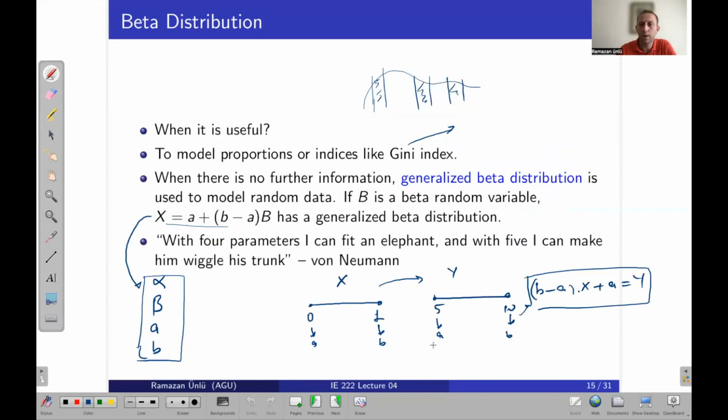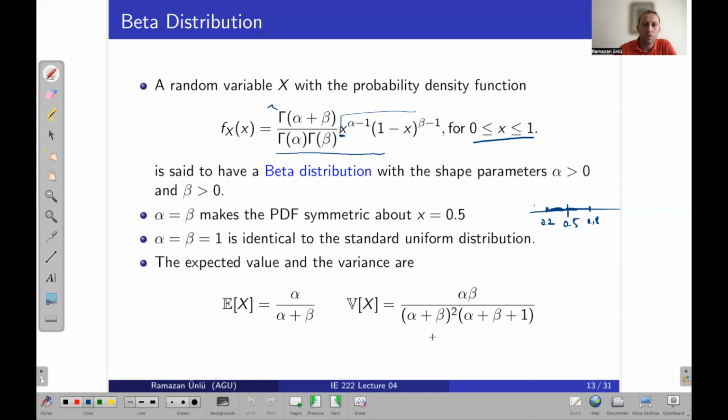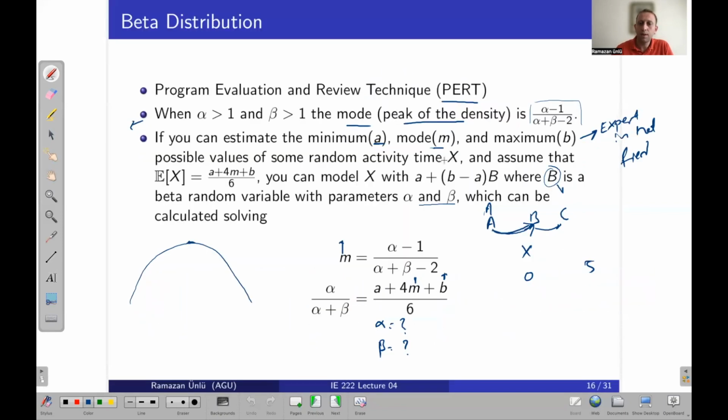So what will help us? For the beta distribution, we know alpha and beta now, we just solved it. And also we know the range, we just estimated that range. That means we can find the probability of any new random variable. What I mean, let's say, what is the probability of finishing the A event at 5 days, for example?